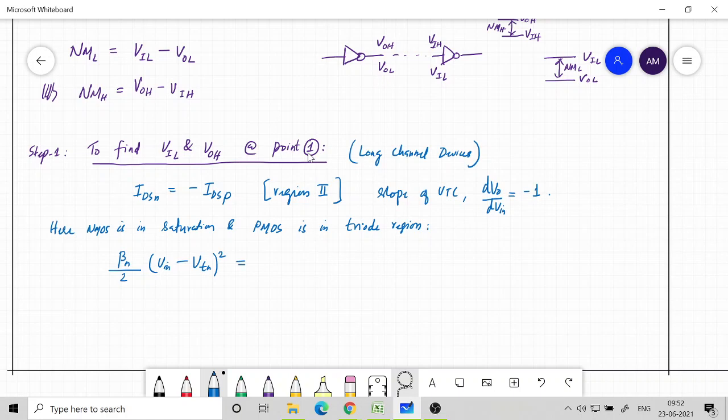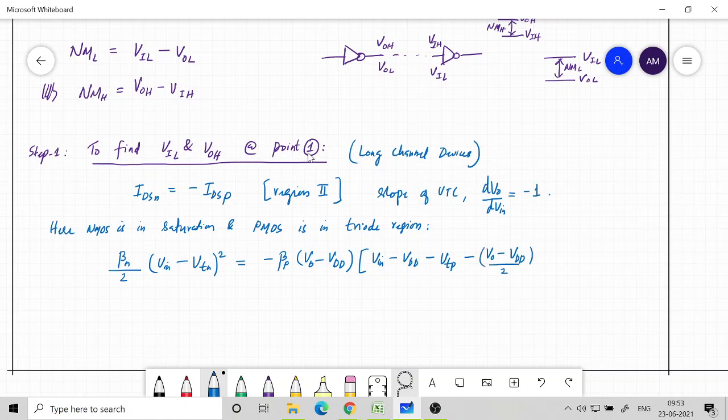That is the equation of the current; VGS I have taken as Vn for NMOS. Similarly, minus beta p into, for the triode region, VDS, which is V0 minus VDD, into (VGS minus VTP), where VGS is Vn minus VDD, then minus VDS by 2, so VDS is basically (V0 minus VDD) by 2.